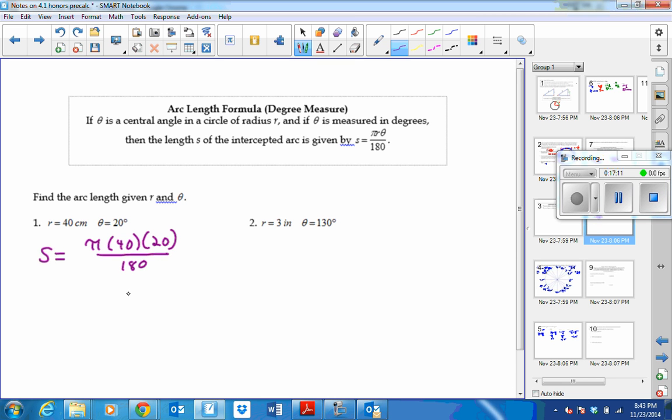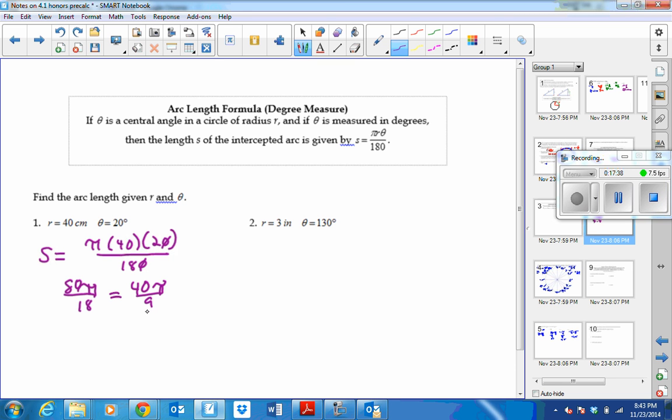And when I look at what I can cancel out here, I know that I can cancel a 0. And now we have 80 pi over 18, so I'm going to divide by 2 on top and bottom, and so this would be 40 pi over 9. Now when we're actually talking about an arc length, we should change that into a decimal.